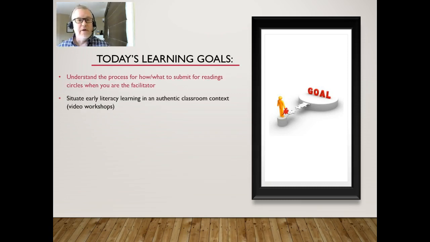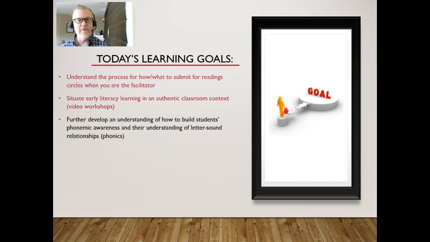Learn how to situate early literacy learning in an authentic classroom context through some video workshops. Further develop an understanding of how to build students' phonemic awareness and understanding of letter-sound relationships, or phonics. So making sure that we understand the difference between phonologic or phonemic awareness and phonics as part of literacy growth for young children. Not the only thing, but just part of what we work on are those skill development.